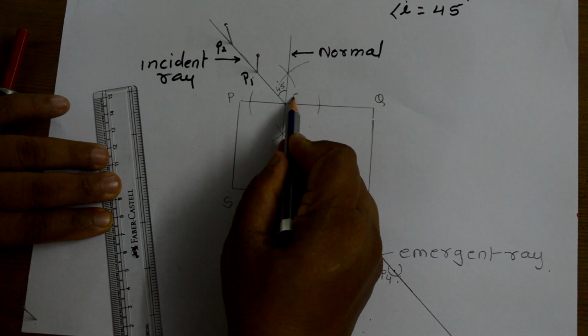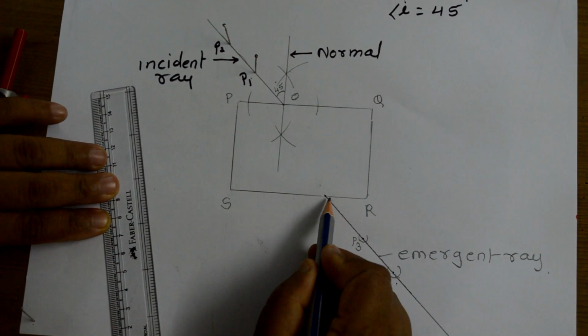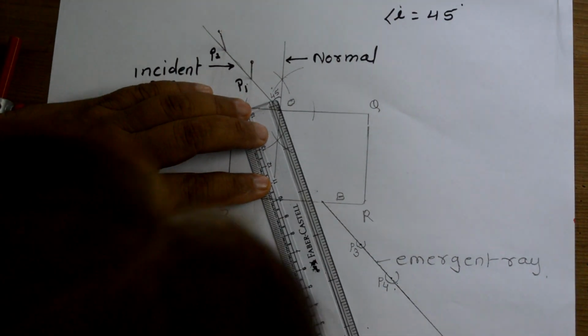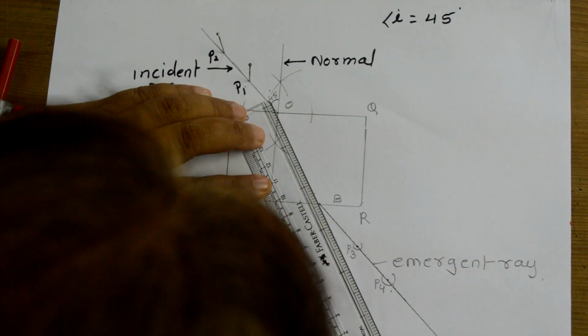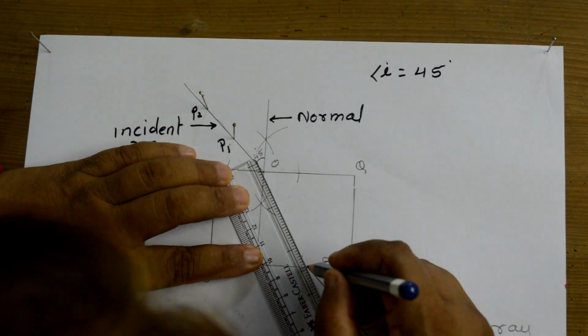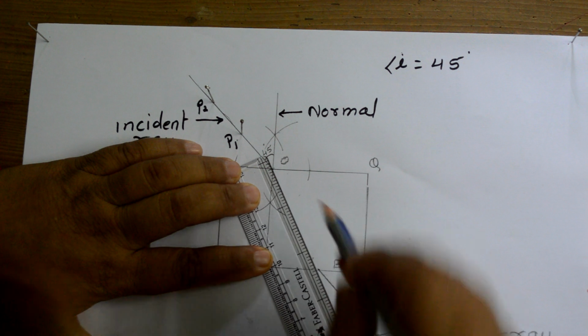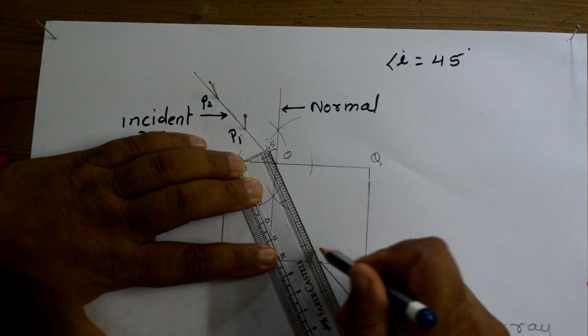Label this point as O and this point as B. Join OB very carefully.